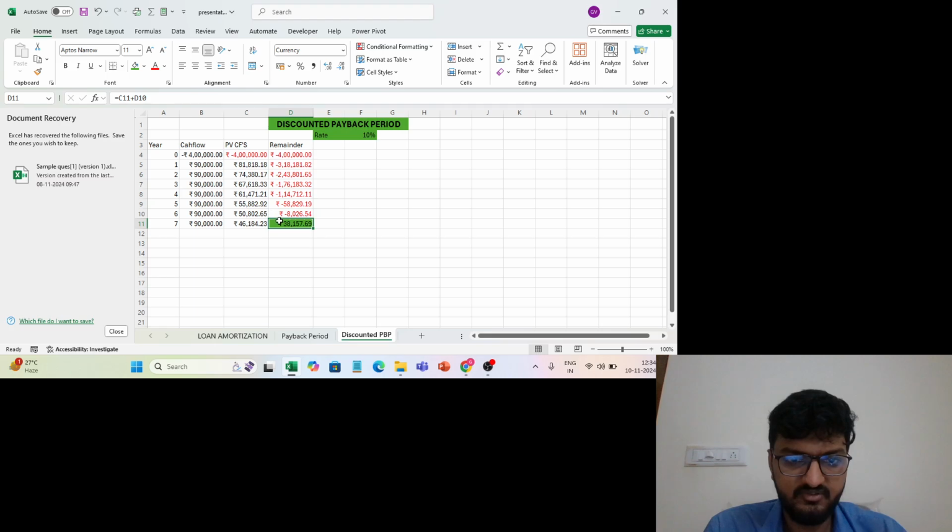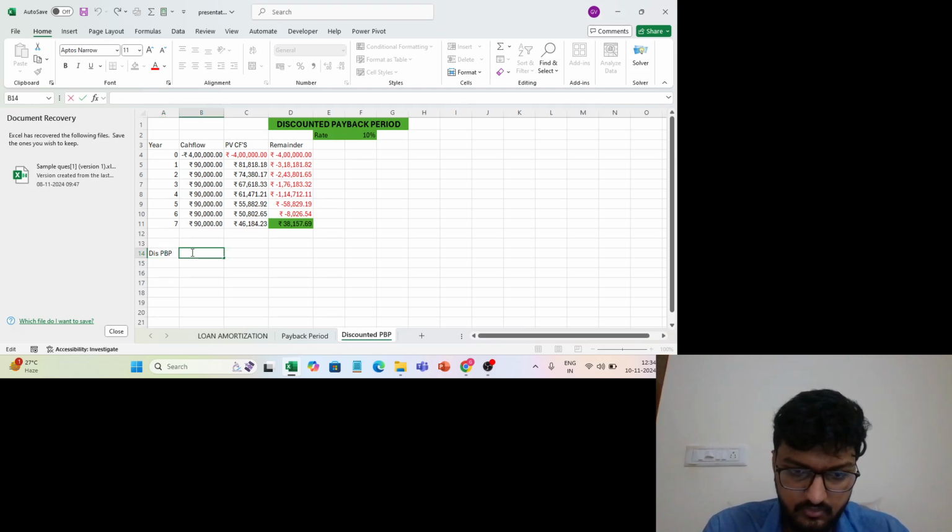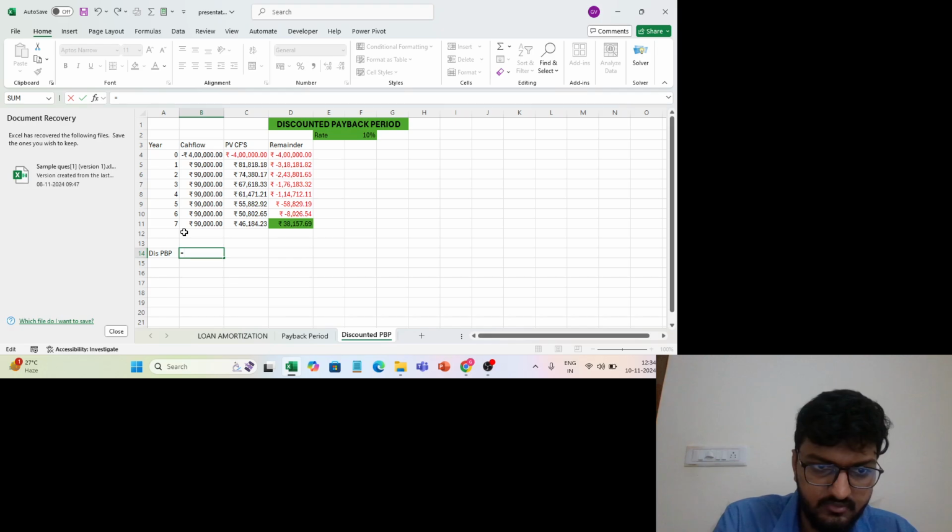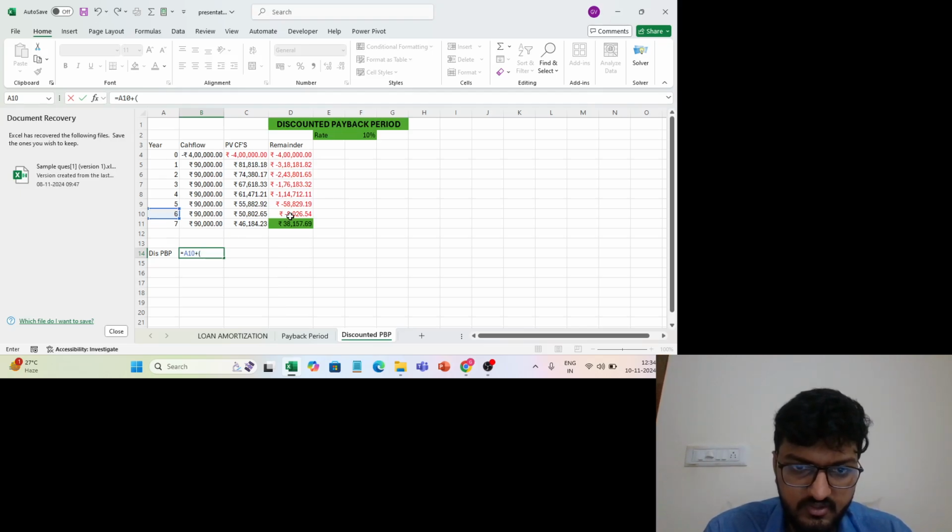Let me just highlight this, and let us calculate the discounted payback period now. The formula would be, it would be between 6th and 7th, right? So 6 plus, what I would do is divide this.